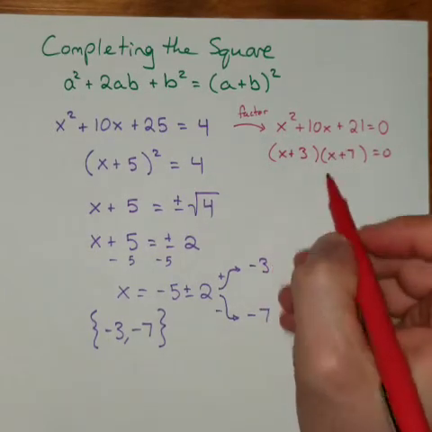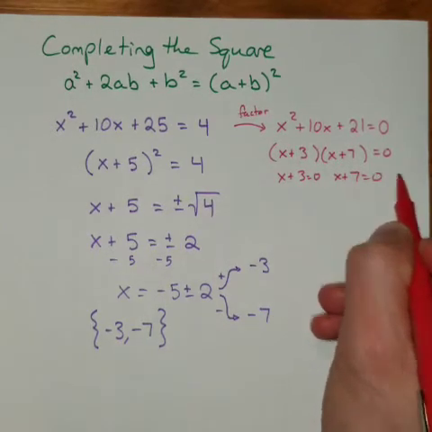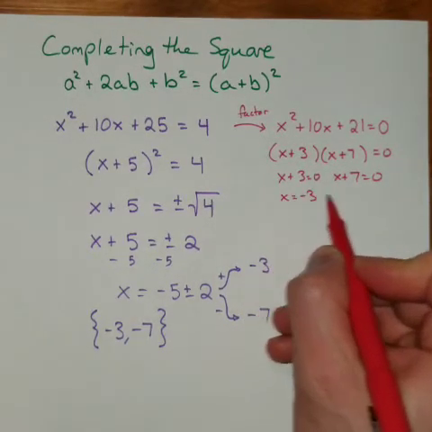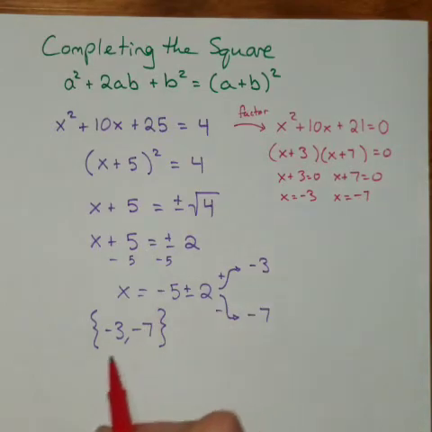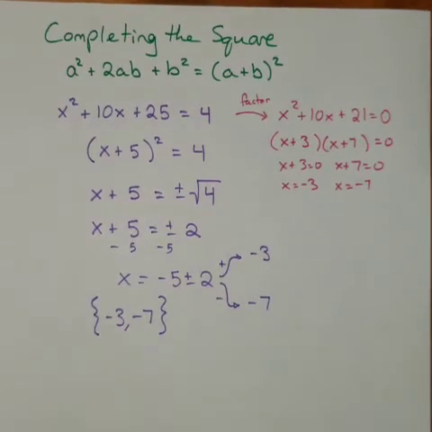Factor it, and then set each factor equal to 0. You would get x equals negative 3 and x equals negative 7, which, lo and behold, are the same answers we got by completing the square. So, same answers, but a different technique. In purple, I have the completing the square. In red, I have the factoring idea that we learned in chapter 5.